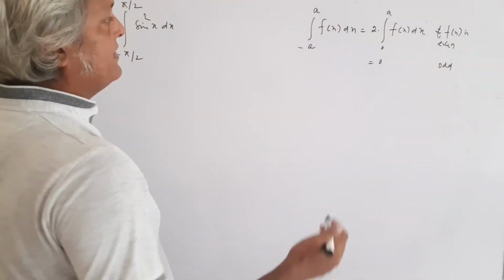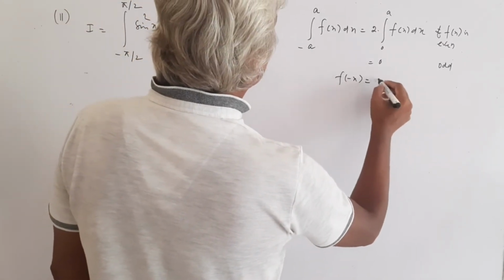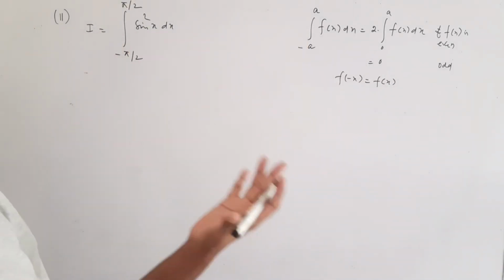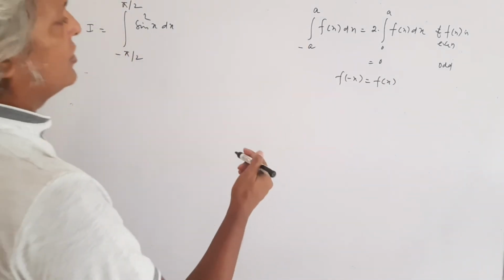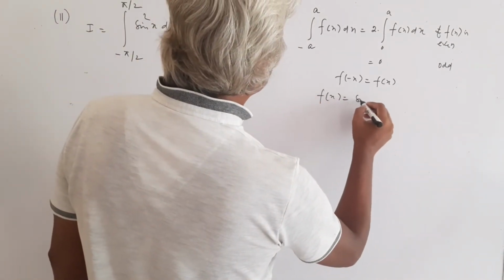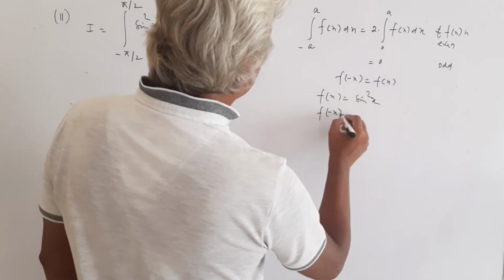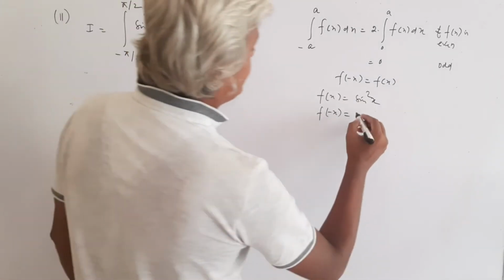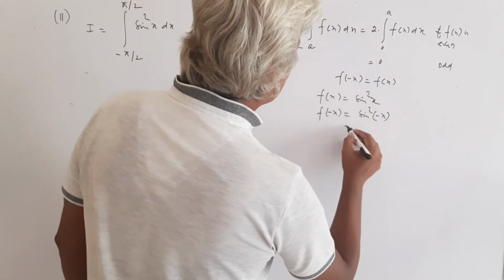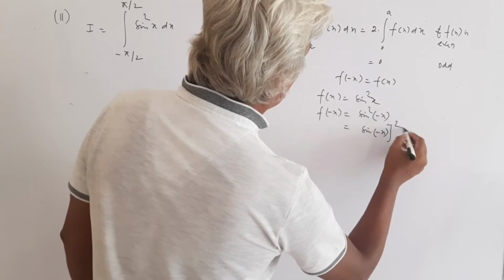Now what do you mean by even function? That f of minus x is f of x. Now this is our function. Just check whether this is even or odd. So we have f of x as sine square x, then replace x by minus x, and you get sine of minus x whole square.